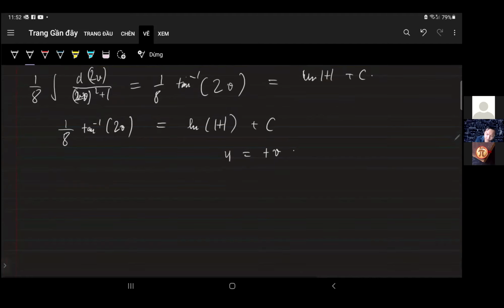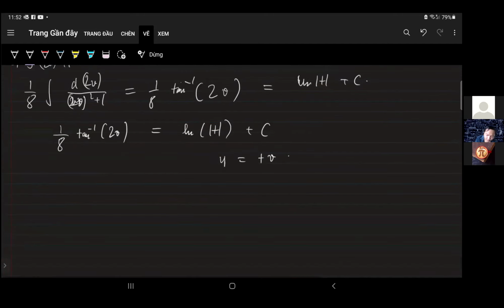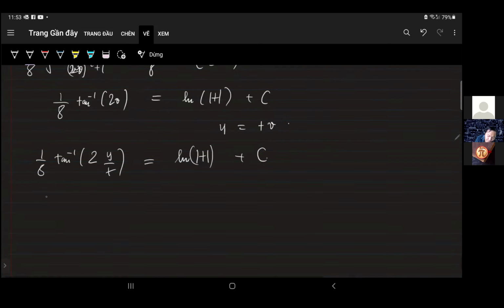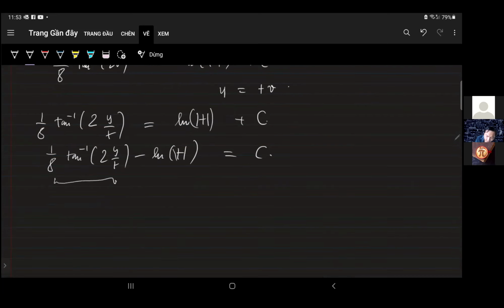If you want to transform it back, you can write it like this: inverse tangent of 2 times y over t equals log of t plus some constant, and you move that to the left: inverse tangent of 2y over t minus log of absolute value of t equals some constant.